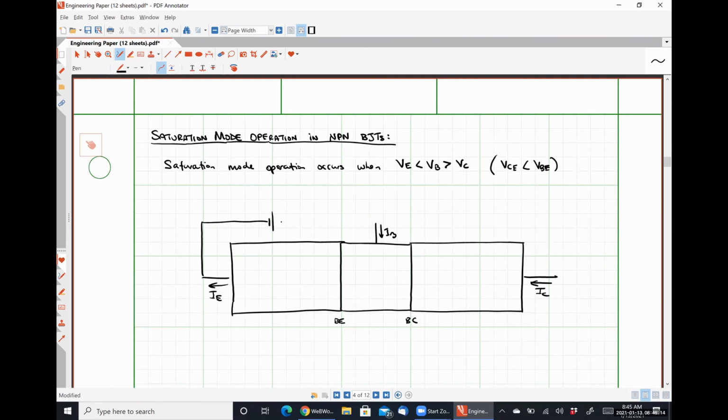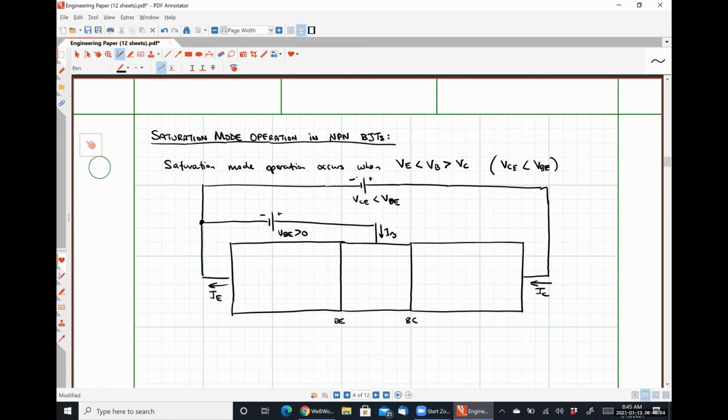VBE is greater than 0. VCE is less than VBE.